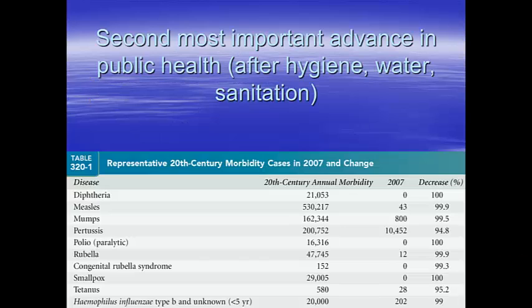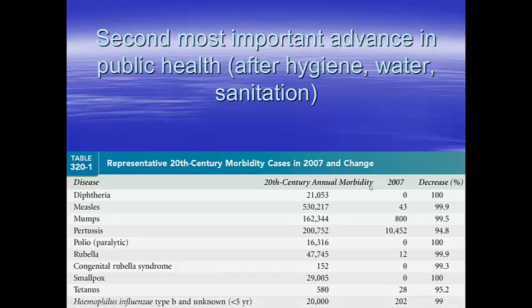So this, as well as the next slide, talk about the impact that vaccines have had, and they're said to be one of the most important interventions of medicine in human history. This table compares a number of infectious diseases. Here you see some examples: diphtheria, measles, mumps, and so on.